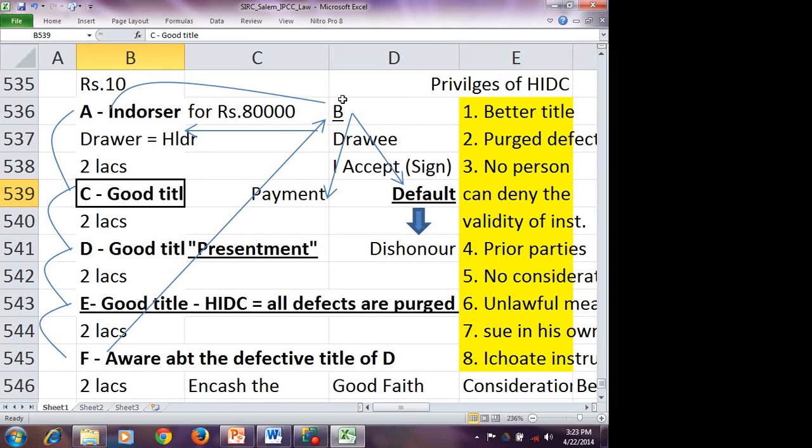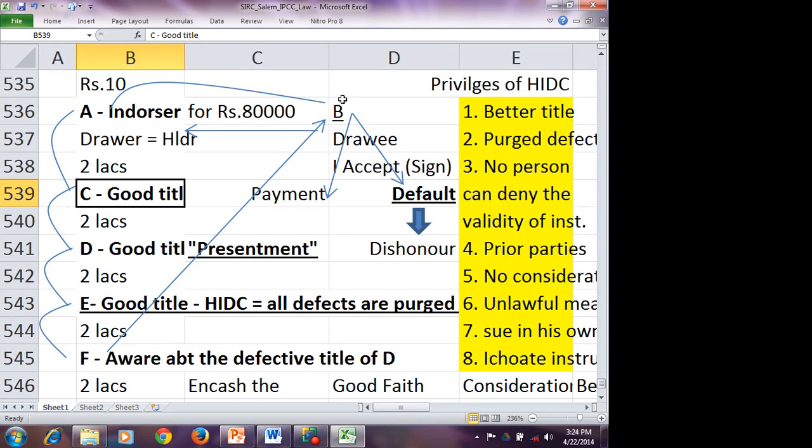There are three values to the bill: the stampage value, the bill value, and the transaction value. Bill value cannot go beyond stampage value. Bill value should always be less than or equal to the stampage value of the instrument. No person can sue and recover an amount beyond the stampage value.